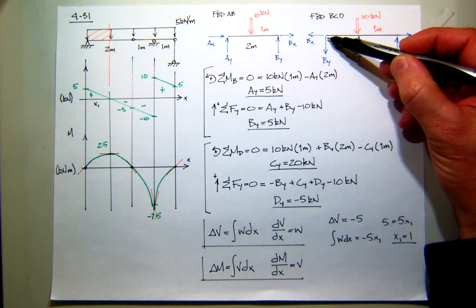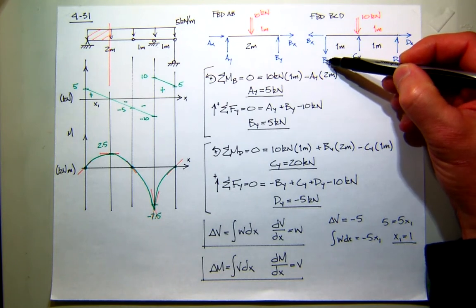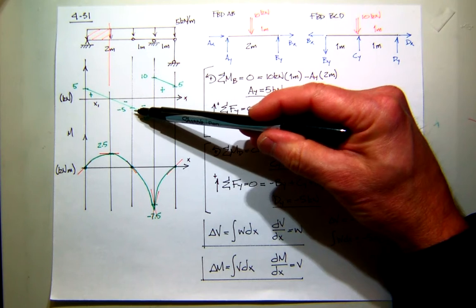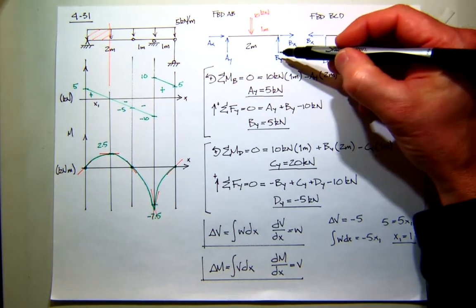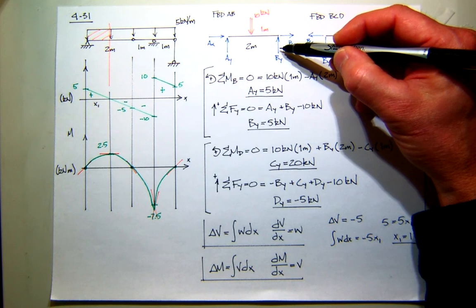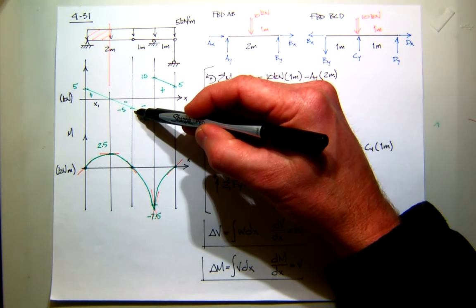Okay, so this force down is negative shear. So it came out to be -5. And a force up on the right side is also negative shear. So it's the same value.